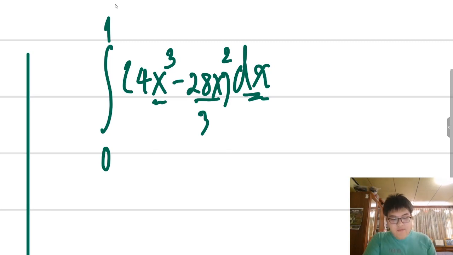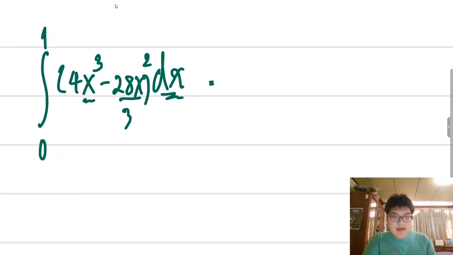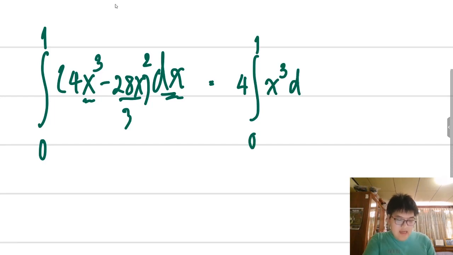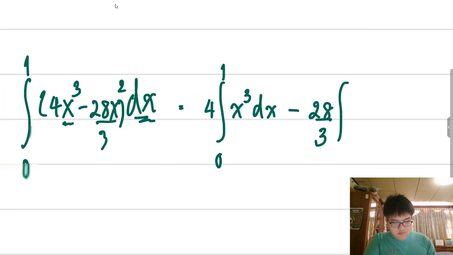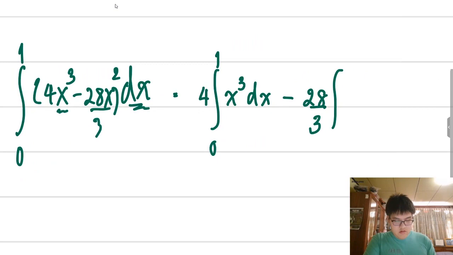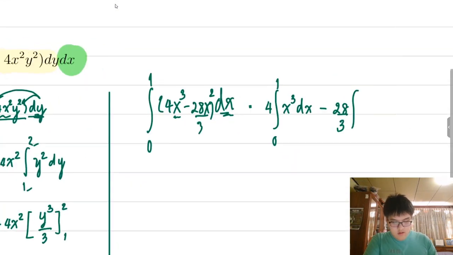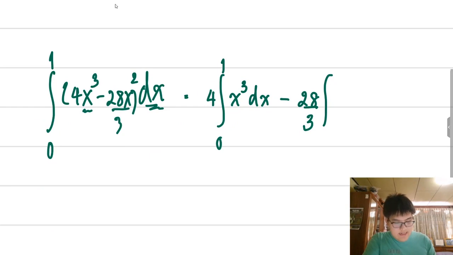But any number in front of the variable, you can move out because it's a constant. And we will do it separately, like this one: 4 integral from 0 to 1 of x cubed dx, negative 8 over 3 integral of x squared dx, and the bounds are 1 and 0.